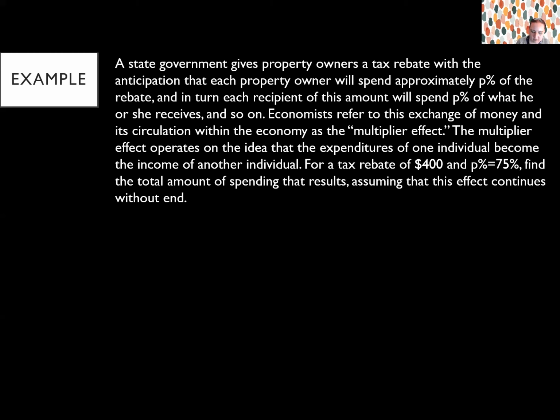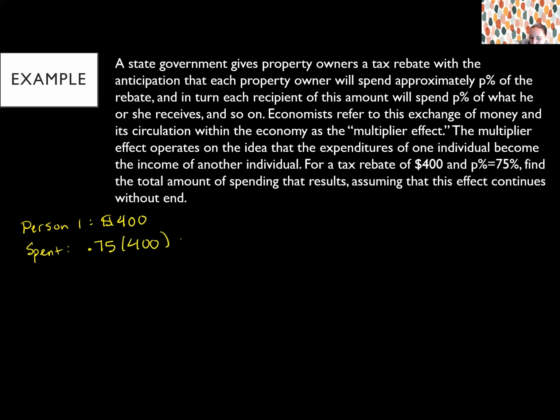So what we've got here is, let's say the government is just paying you $400. So person 1 just got $400. The way this works is that you then spend, they're assuming 75% of it. So you spent 75% of that $400.